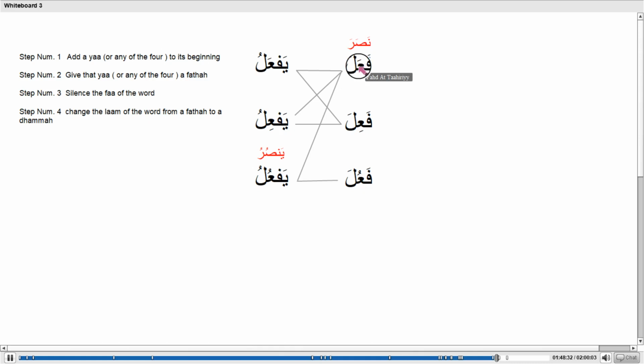The haraka of the ayn in the madi is supposed to be different than the haraka of the ayn in the mudari'.